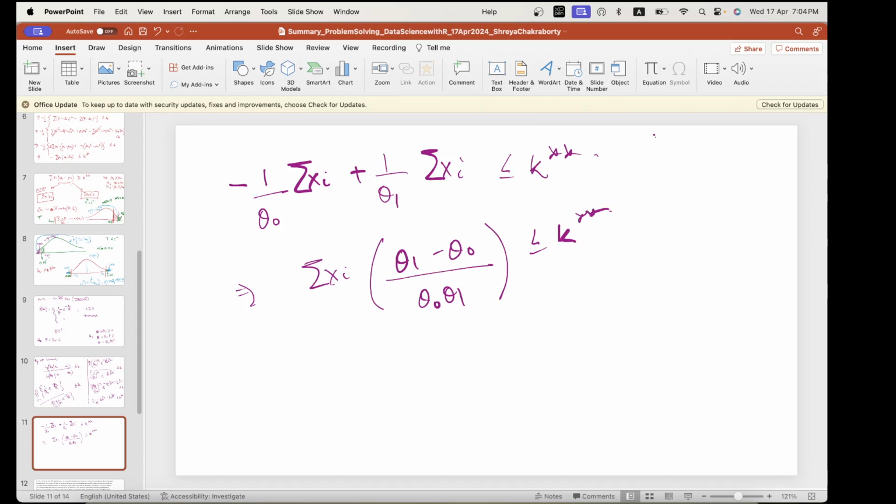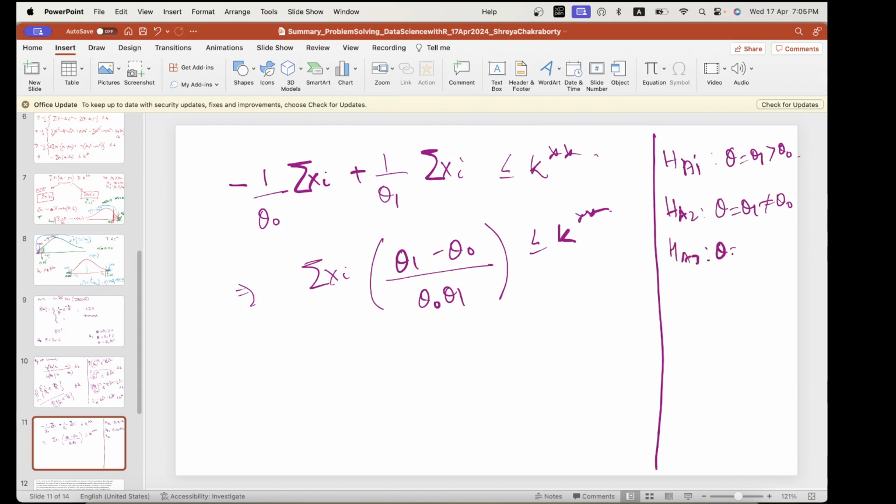Alright, now from here I want you to focus on the hypotheses that we had looked at. The first alternate hypothesis was theta equal to theta 1, which is greater than theta naught. HA2 was theta equal to theta 1 not equal to theta naught, and HA3 was theta equal to theta 1, which is less than theta naught.